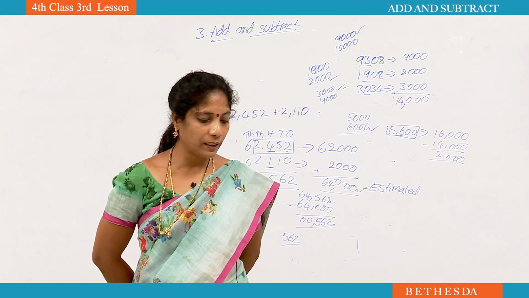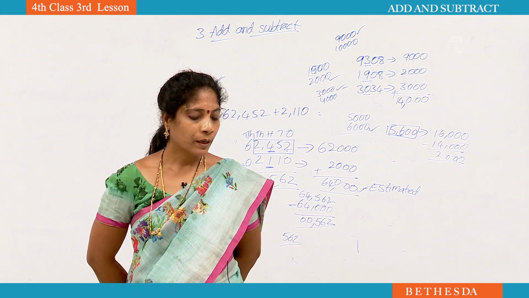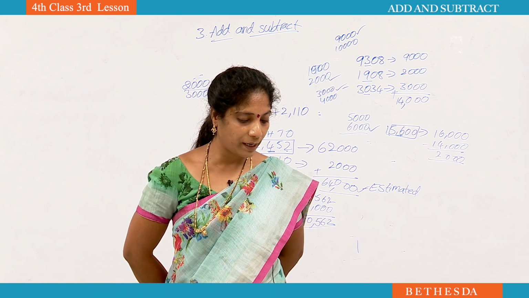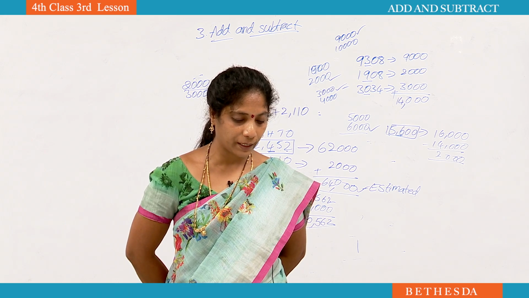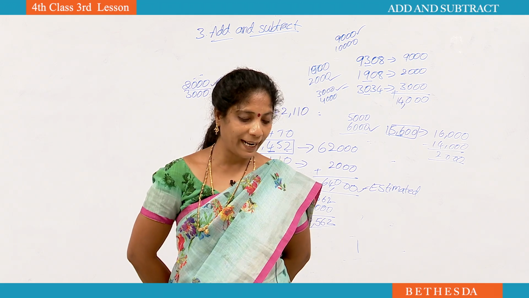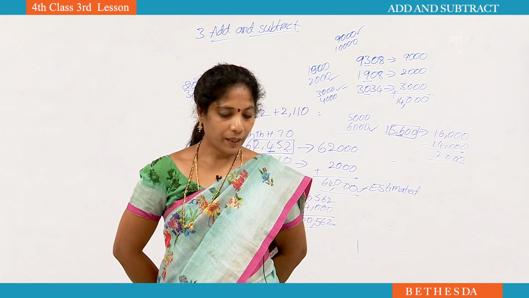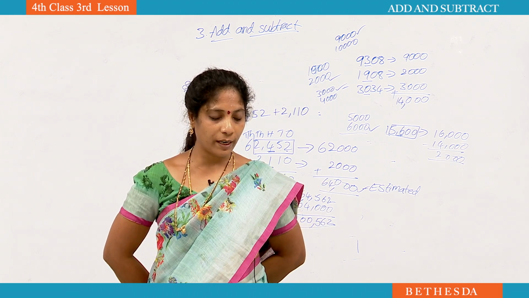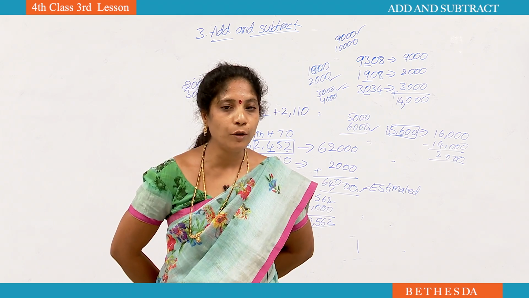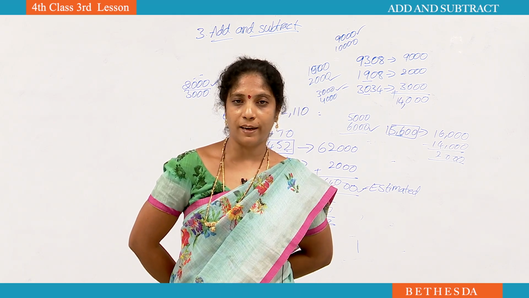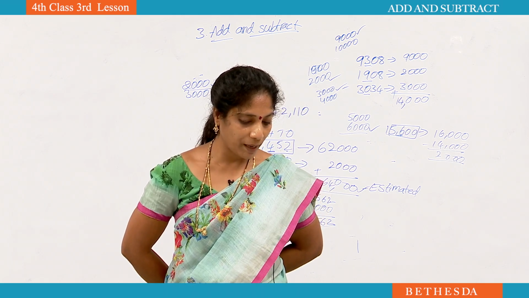Teja distributed 34,006 food packets to the northern part of the city and 26,109 packets to the southern part of the city. First we have to add 34,006 and 26,109. That value you have to subtract from 86,210.